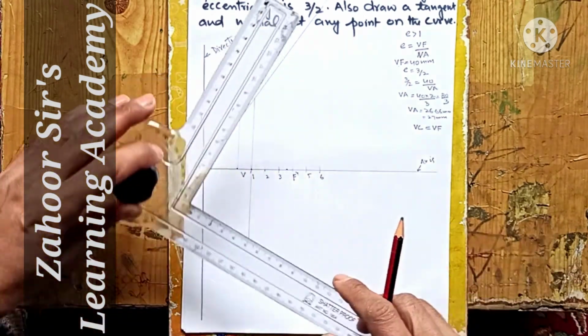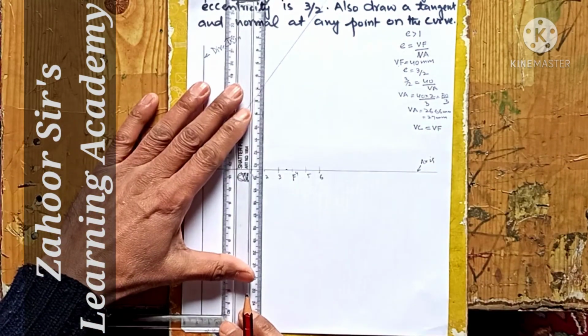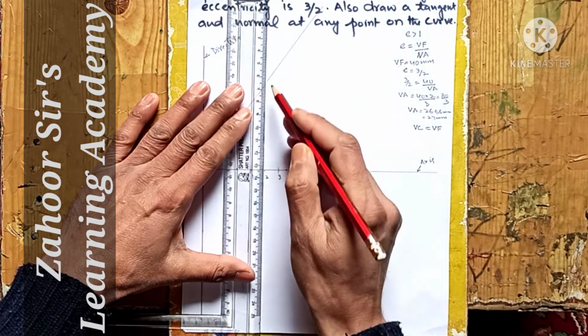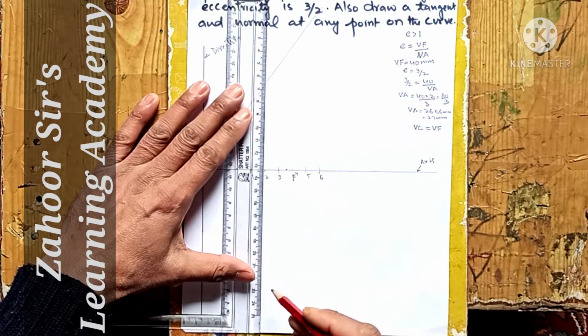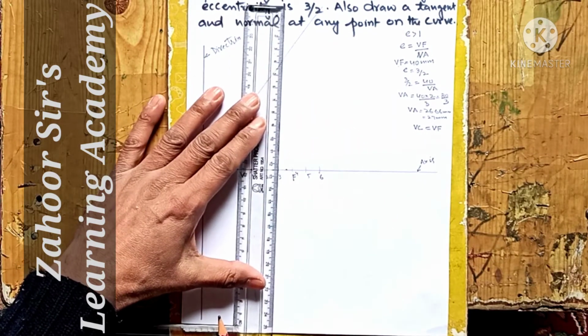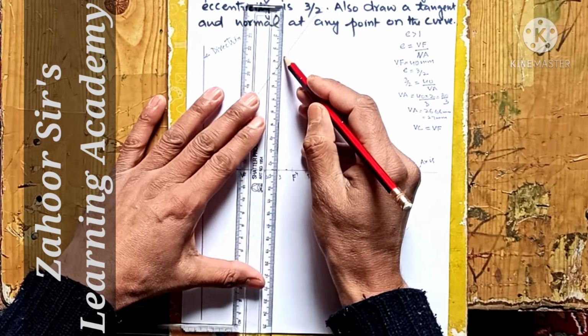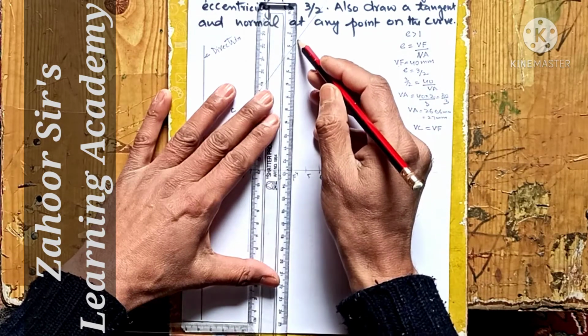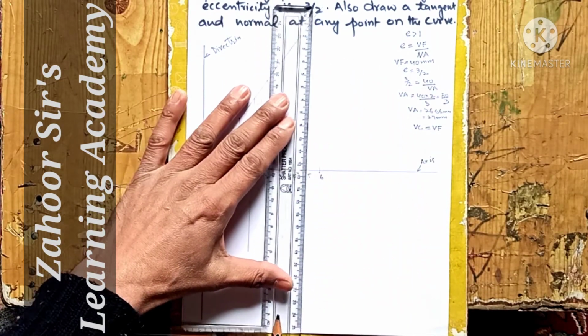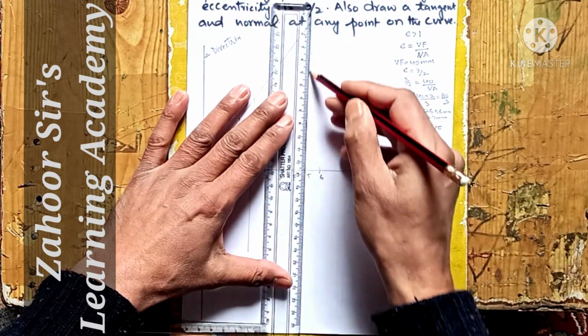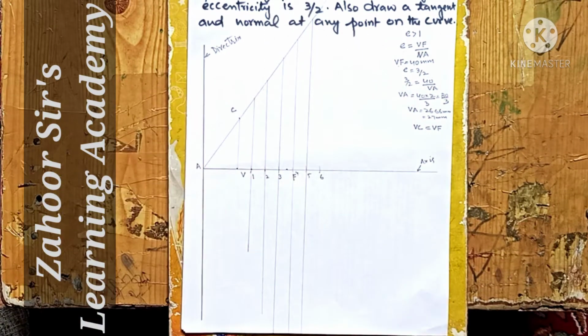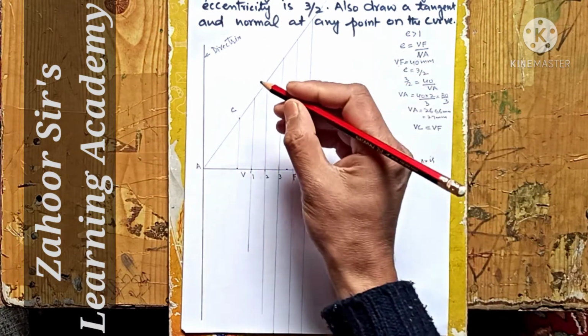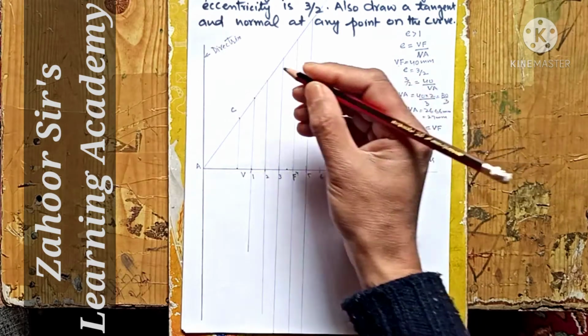The same goes for all these points. After drawing these lines, they intersect the inclined line.